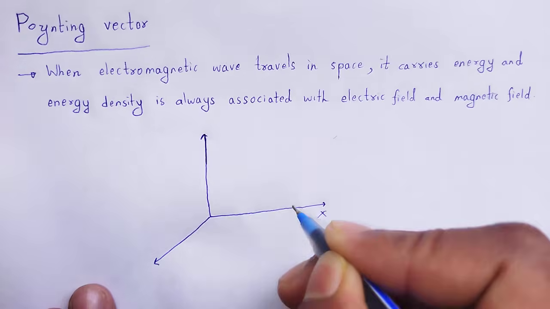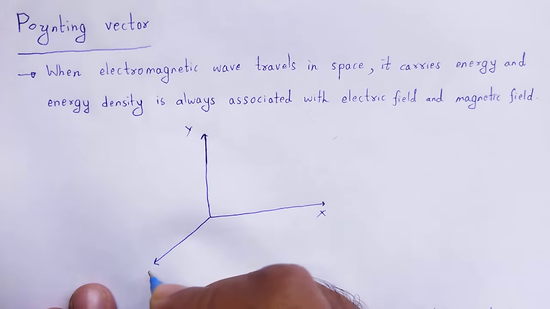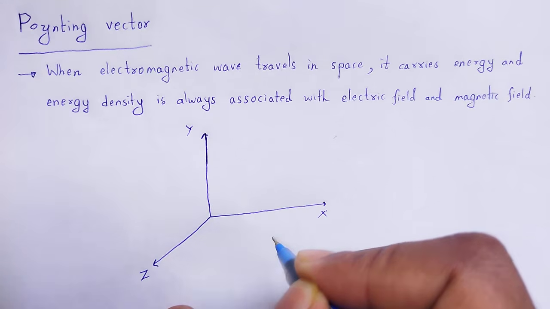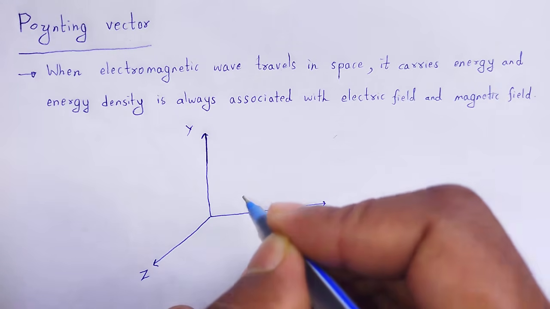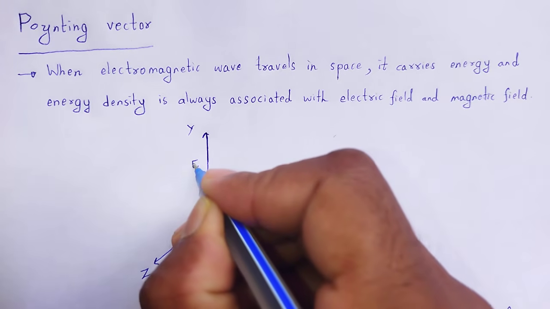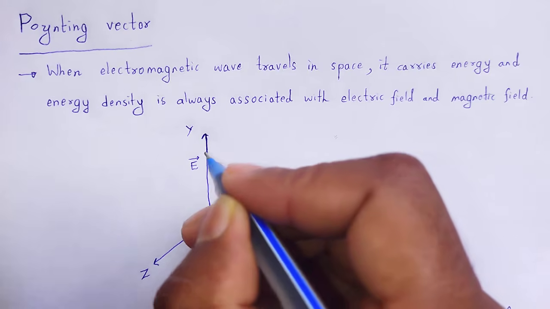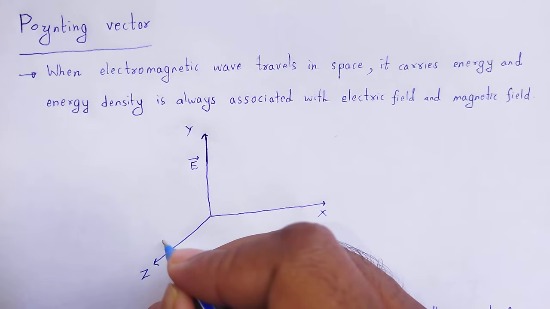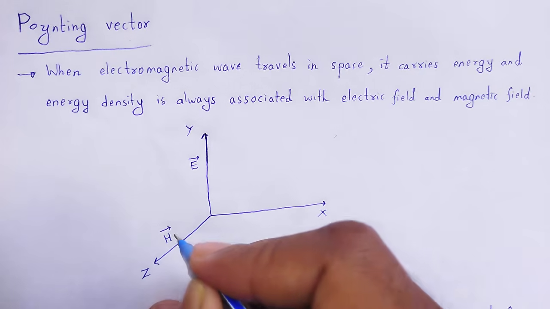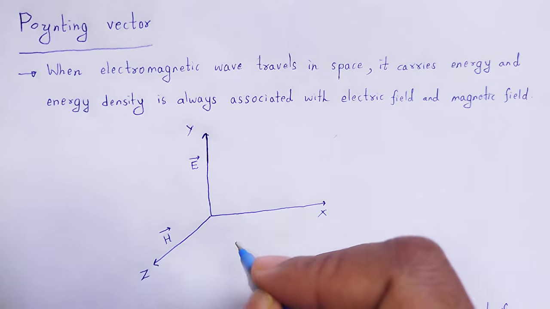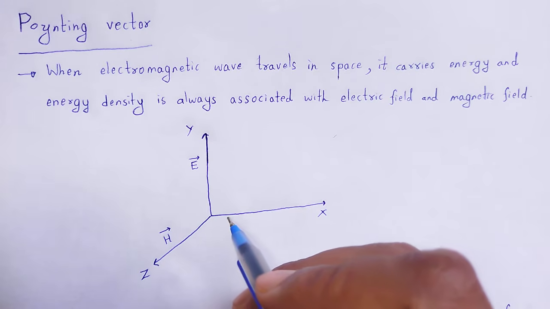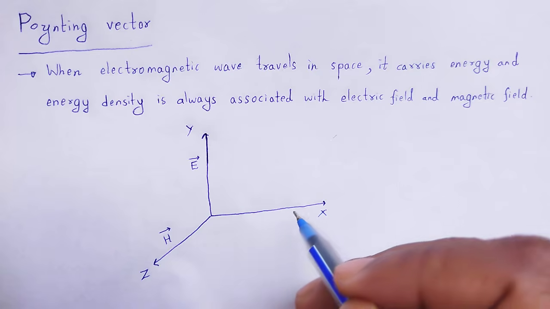X, Y, Z. If the electric field is along the y direction and the magnetic field intensity is along the z direction, then their oscillation means the propagation of the electromagnetic wave along the x direction.